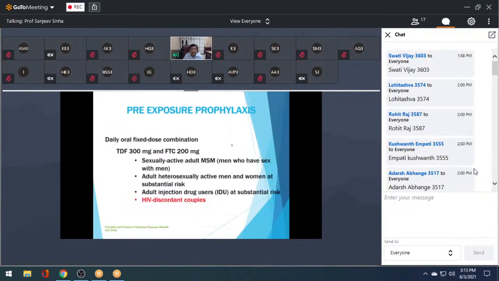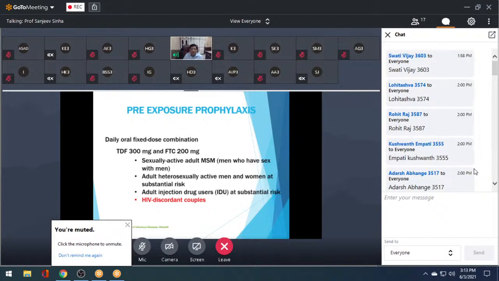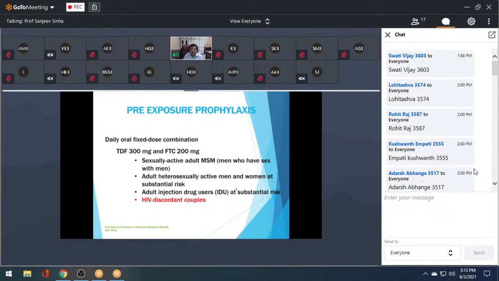So coming to the pre-exposure prophylaxis, this is also a very important regimen nowadays. Generally, we give a daily oral fixed dose combination, and the indications are for persons who are sexually active: MSM, men who have sex with men, or adult heterosexually active men and women at substantial risk, and adult injection drug users, and HIV discordant couples.